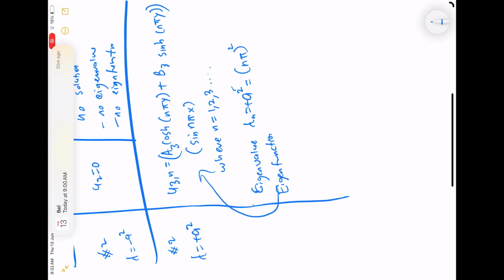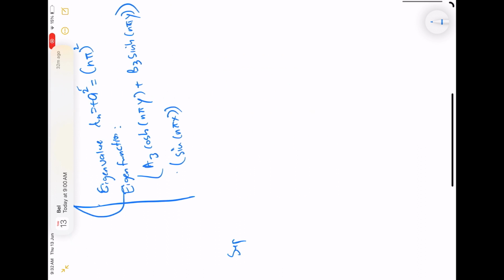Okay, so our eigenfunction is a3 cos n pi y plus b3 sine n pi y, multiplied by sine n pi x. Done. Now, the superposition principle.